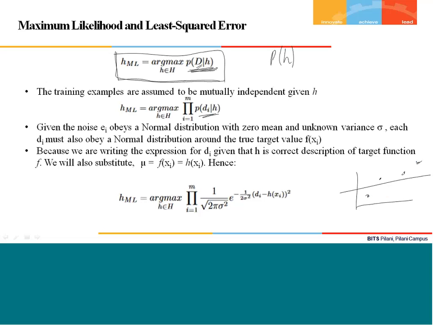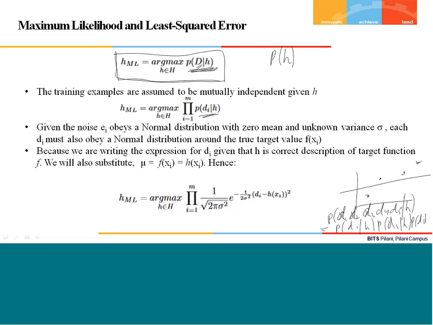So if they are independent of each other, it means the probability of seeing d1, d2, d3, d4, d5 given h is equal to the probability of d1 given h times the probability of d2 given h times the probability of d3 given h. You know this. We discussed it in the last class in naive Bayes.